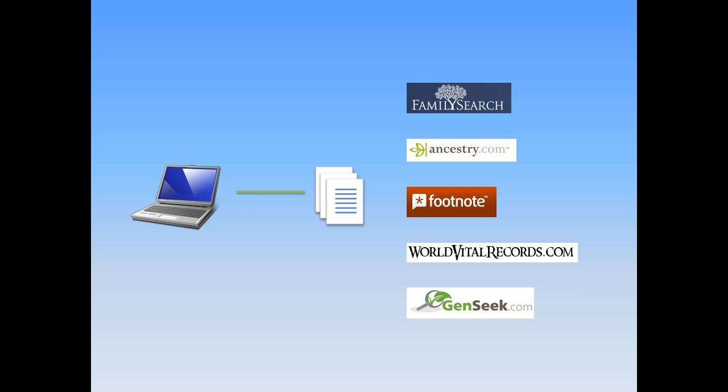There is another problem when it comes to online genealogy database websites like Family Search, Ancestry, Footnote, World Vital Records, GenSeek, and others. Similar sources on each of these websites have different citation formats, or even no citations at all.